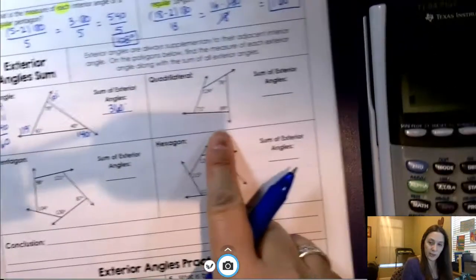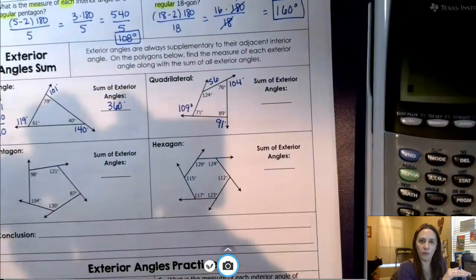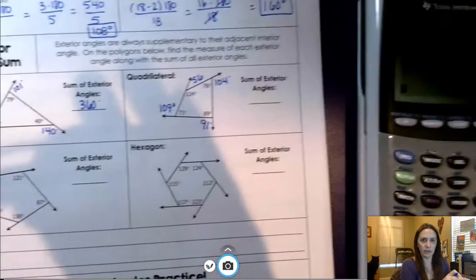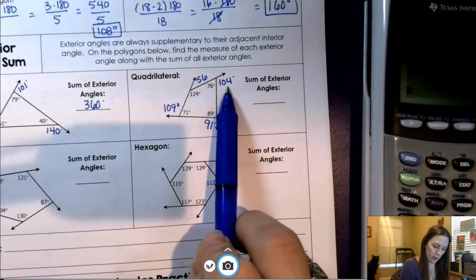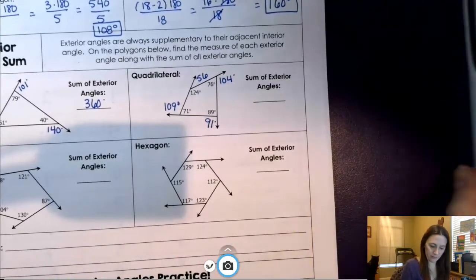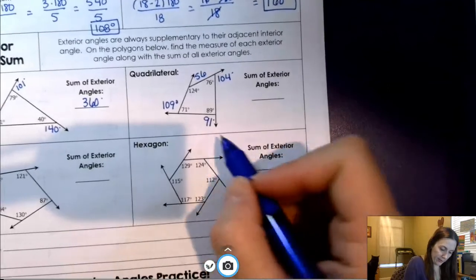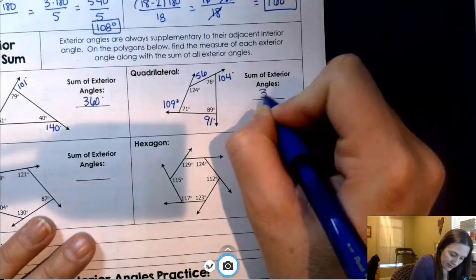Go ahead and do that over here, see what you get. When I subtract these from 180 and I get the exterior angle, I got 109, I got 56, 104, and 91. Go ahead and add those together. When I add these four together, I end up getting 360 degrees.